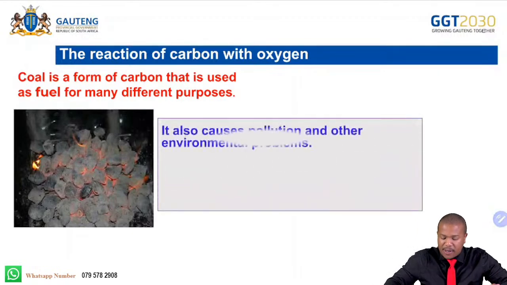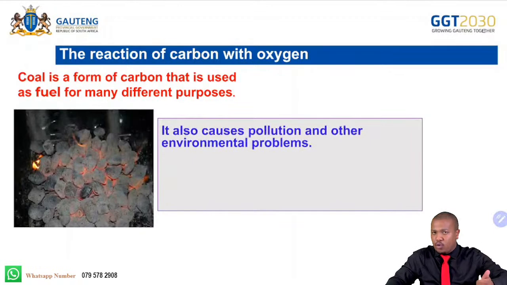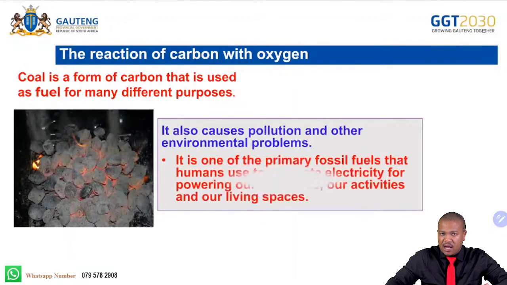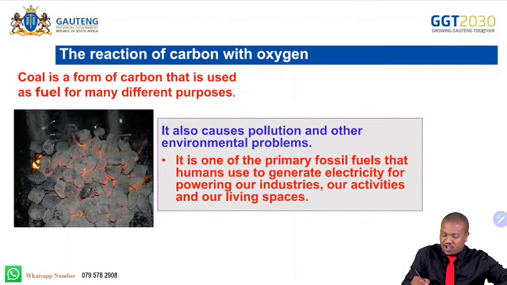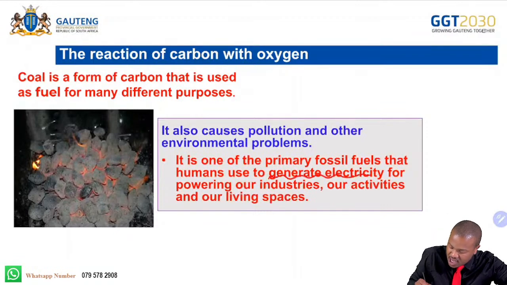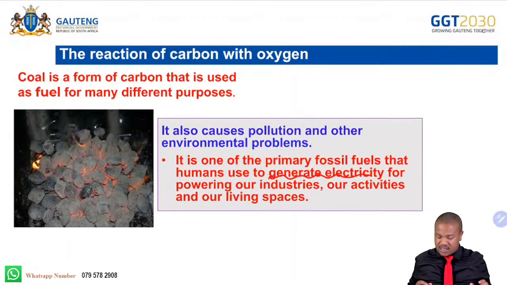But it also causes air pollution and other environmental problems, including global warming. It is one of the primary fossil fuels that humans use to generate electricity in our country so that we can power our industries, our activities, and our living spaces.